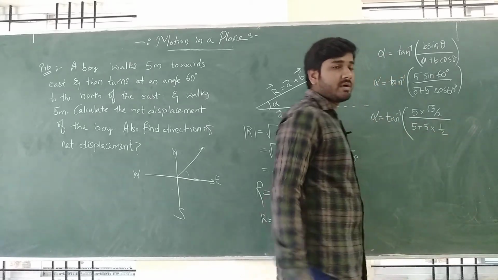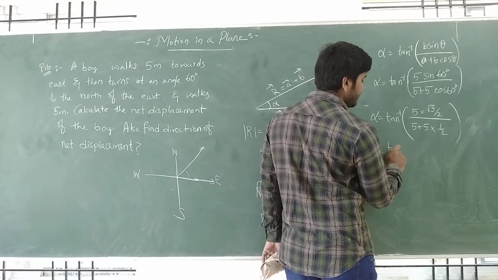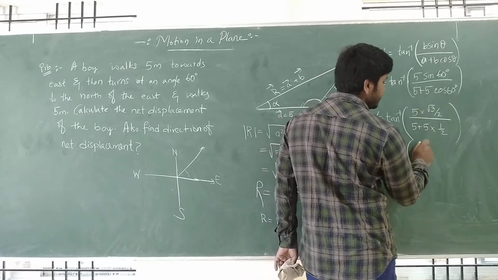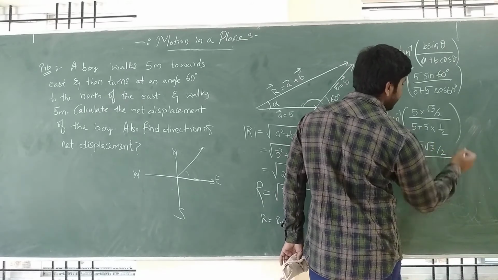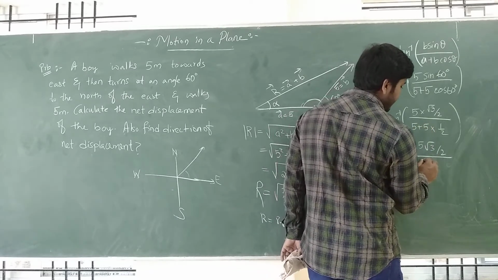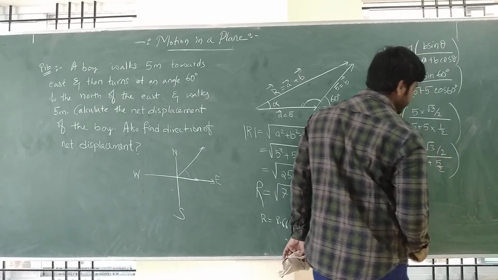Already we have seen. Okay, keep it as it is. Alpha is equal to tan inverse of 5 root 3 divided by 2, whole divided by 5 plus 5 by 2.